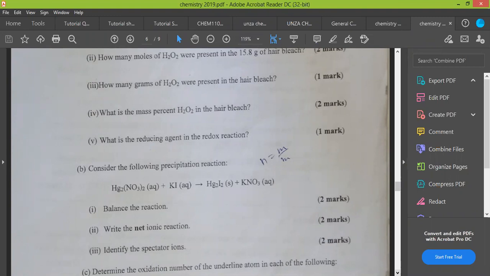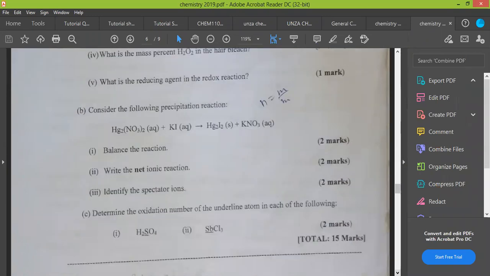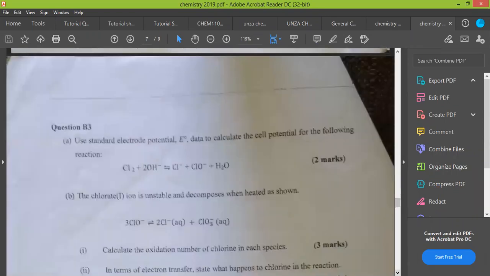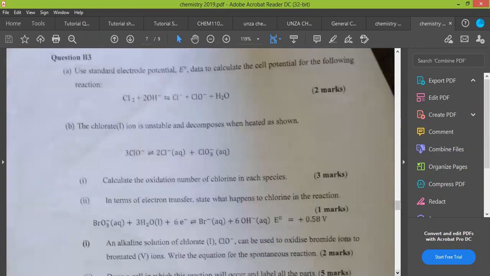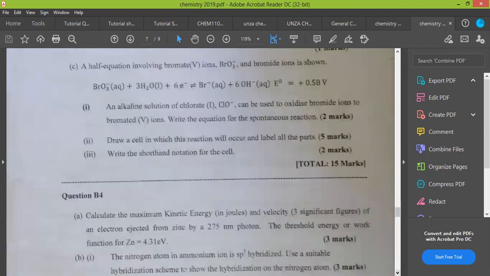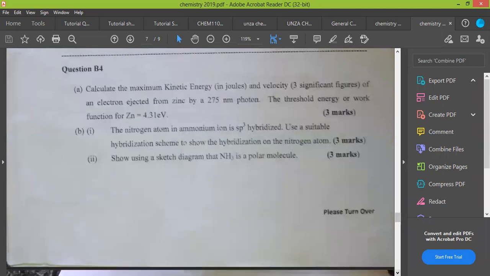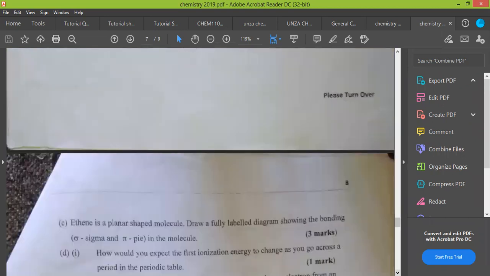The following is a precipitation reaction. Balance the equation, write the net equation, identify the spectator ions. Not even that one. Calculate the minimum energy. No, that's kinetics.